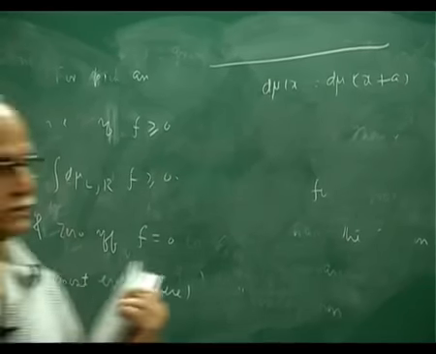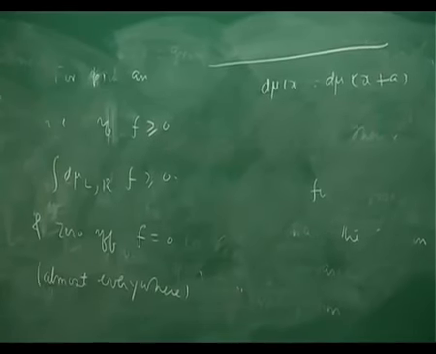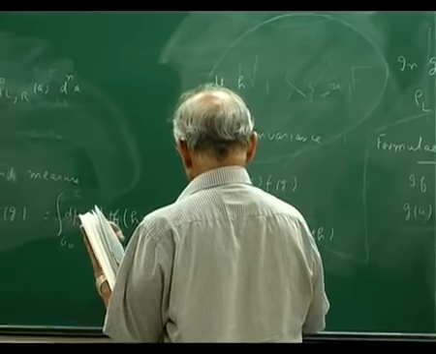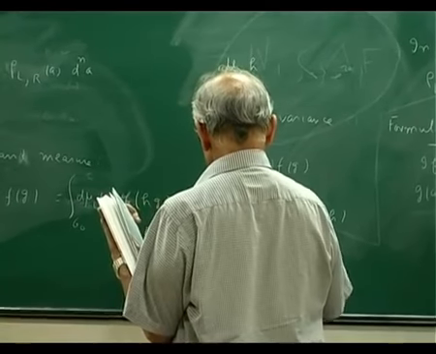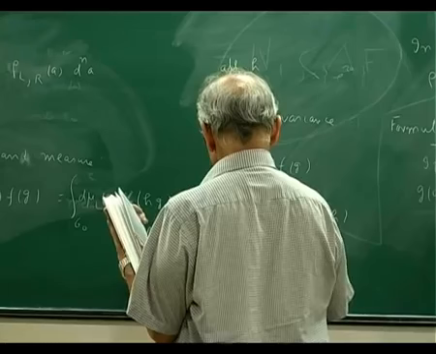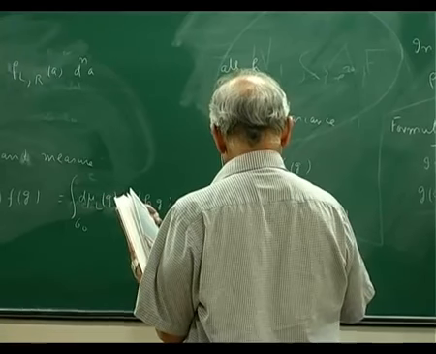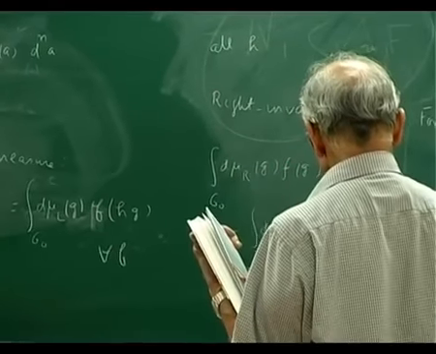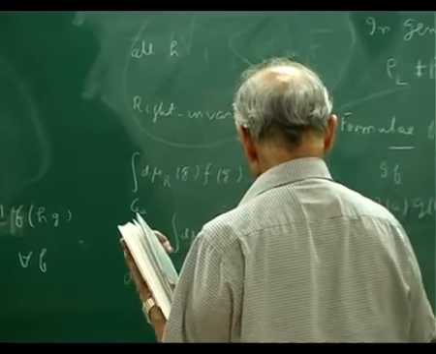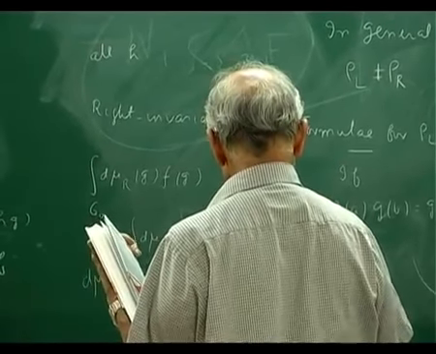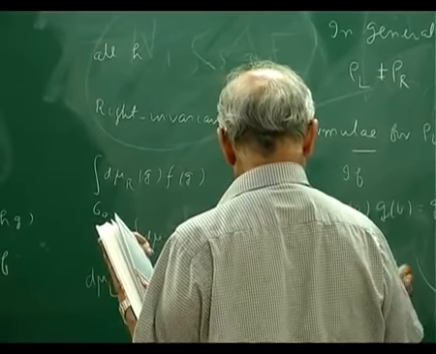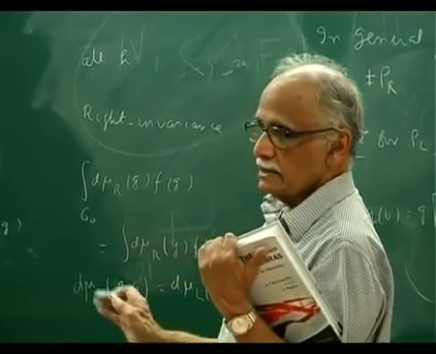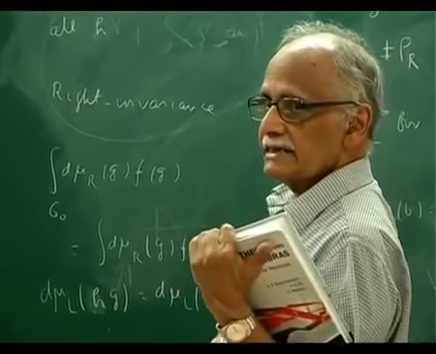Here also, this equation can be written as d mu L of G0 G is d mu L of G, and likewise d mu R of GH is d mu R of G. If you change variables of integration like this, nothing happens.